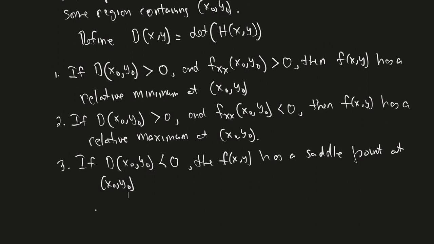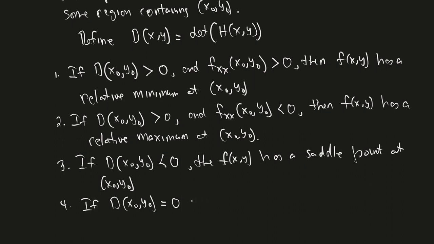And then the only other possibility now is if your D is 0. So unfortunately, if the determinant of the Hessian is equal to 0, then no conclusion can be made.